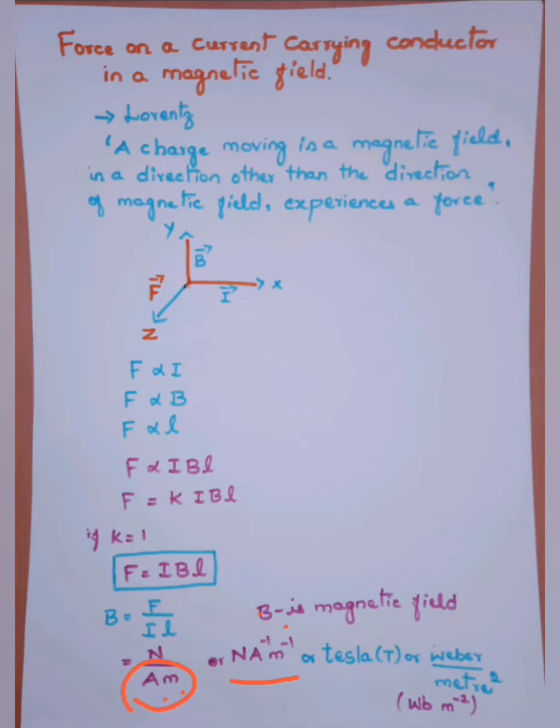Or this is also called Tesla. Symbol is T. The unit of magnetic field is Tesla. Or this can also be called Weber per meter square. Cleared?